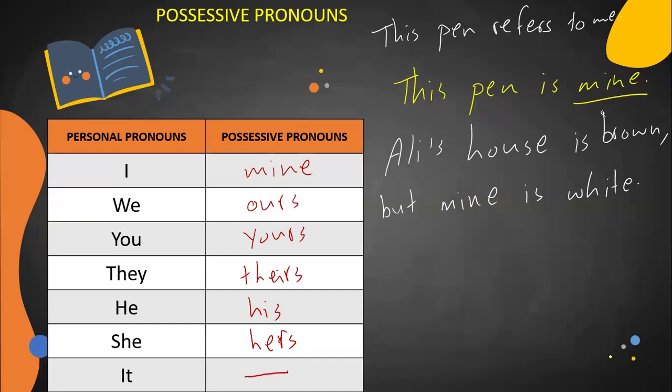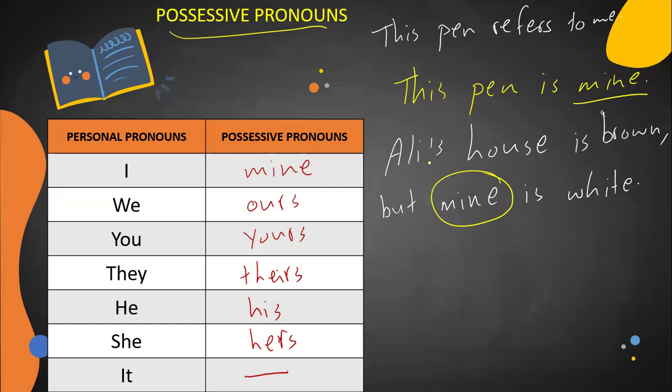If I want to use a possessive adjective, I can say Ali's house is brown, but my house is white. But since I'm using a possessive pronoun here, I have to say mine without adding a noun here.